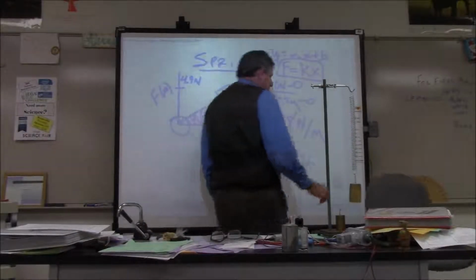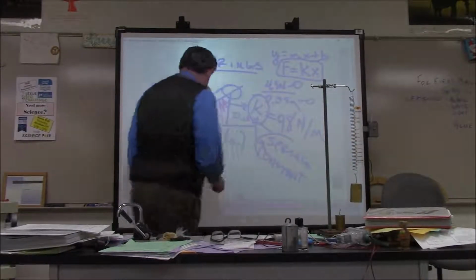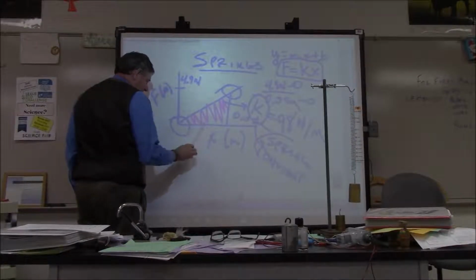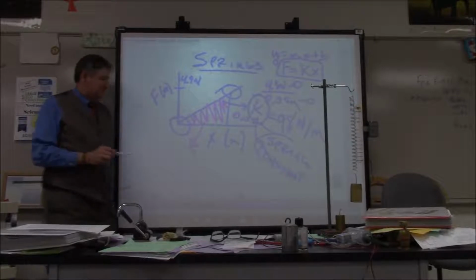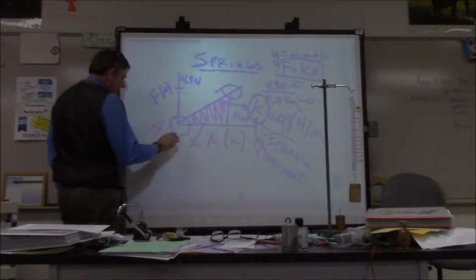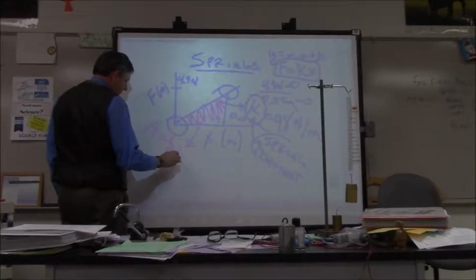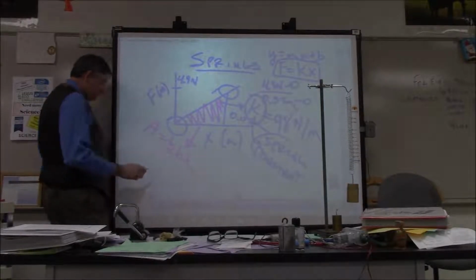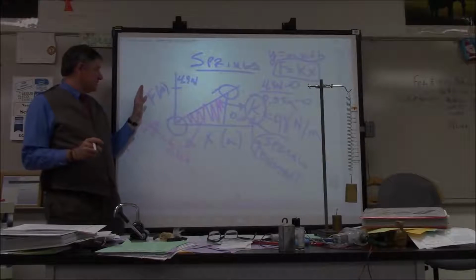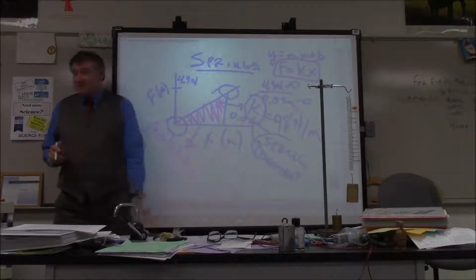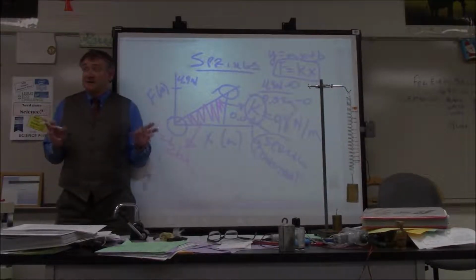So, since this looks surprisingly like a triangle, Vonda, how do I find the area of a triangle? One half base times height. Beautiful. But you're not done yet. At the end of the day, I'm going to multiply a force by a distance. So what do I get when I multiply a force by a distance?